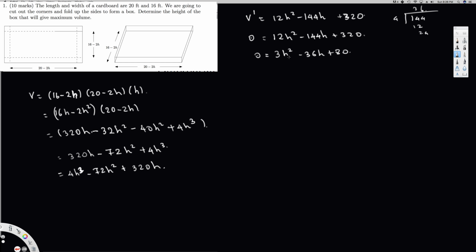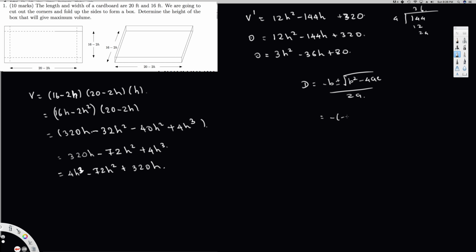And if you see, it's not easily factorable. We can't directly factor this one. Therefore, we have to use the quadratic formula: negative b plus or minus the square root of b square minus 4ac, divided by 2a. Here we have b equals minus 36, so I can apply this here.